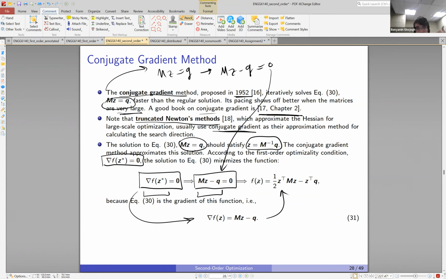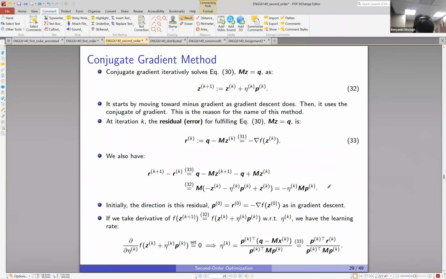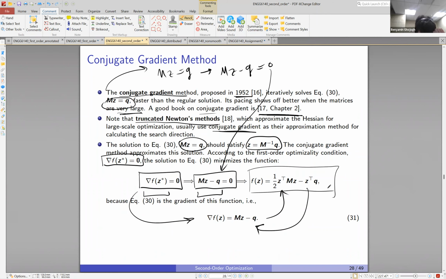My f of z must be 1 over 2 z transpose mz minus z transpose q. There might be a constant too, but I don't care. So when you take the derivative of this, you will get this, right? So now I have this f of z. Okay, now be patient and you will see how it's done.